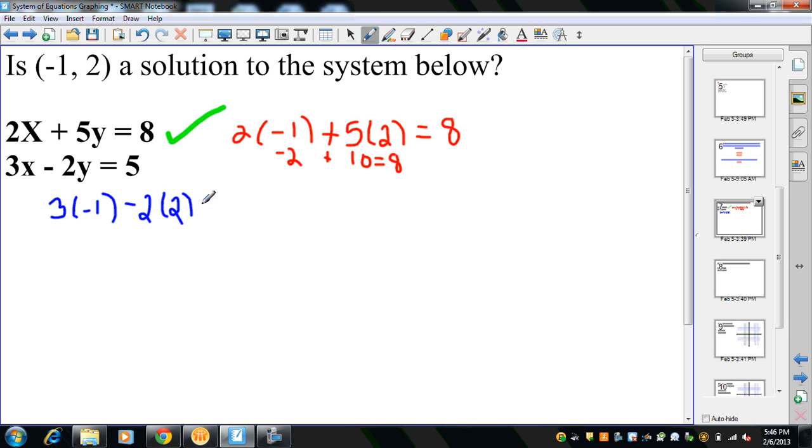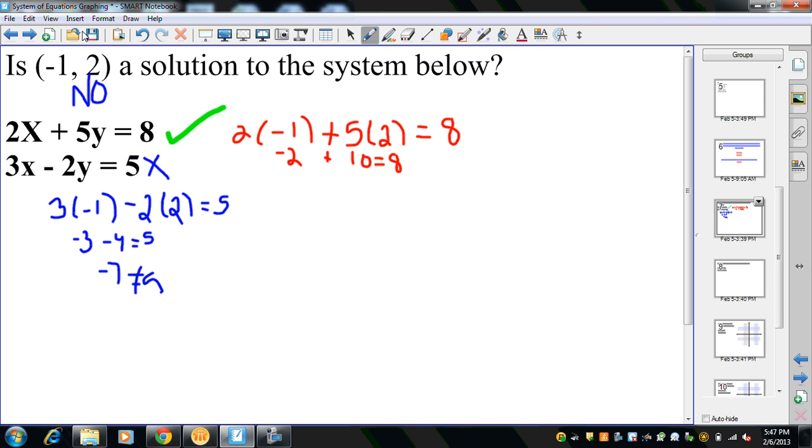We want to see if that is equal to 5. 3 times -1 is -3. 2 times 2 is 4, so it's going to be -4. We want to see if that's equal to 5. Well, -3 minus 4 is -7, and -7 is not equal to 5. So it does not work for this. Since it doesn't work for both of them, this is not a solution to this system.